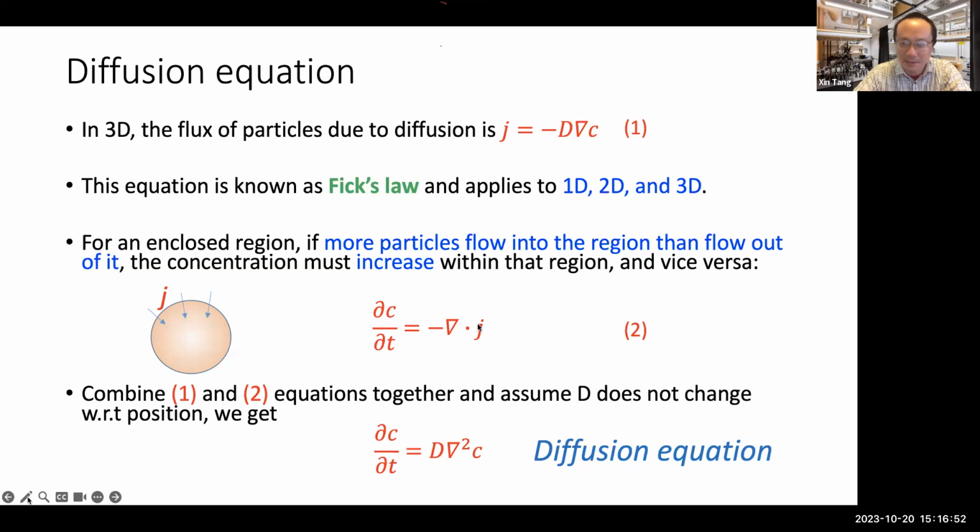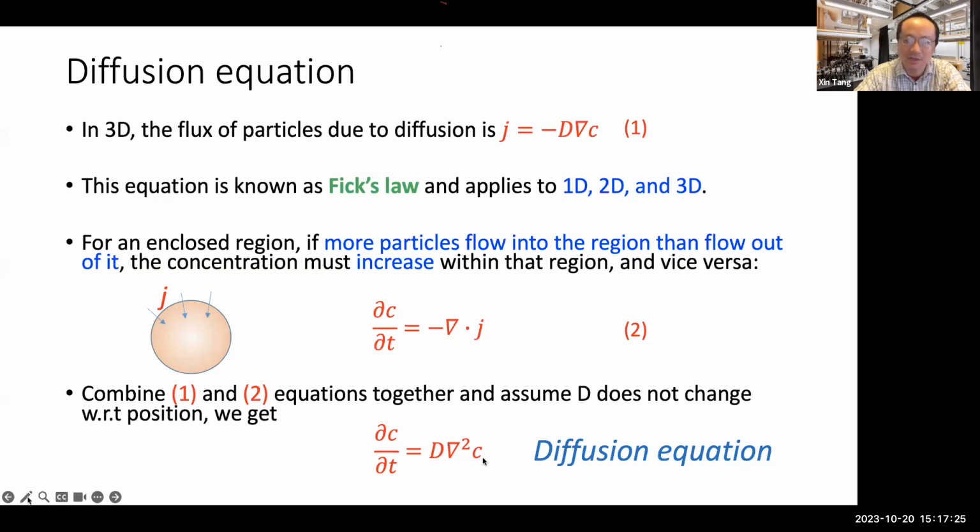Then based on this, we also know J equals minus D gradient C. Putting this together gives this very important equation: partial C, partial t, the temporal change of concentration, equals D times del squared C. This is the spatial change of the concentration.